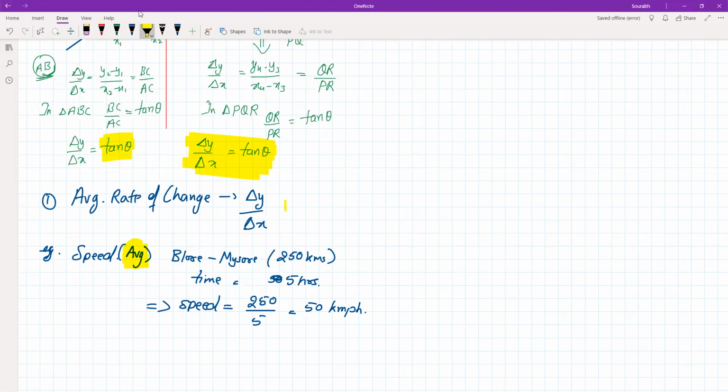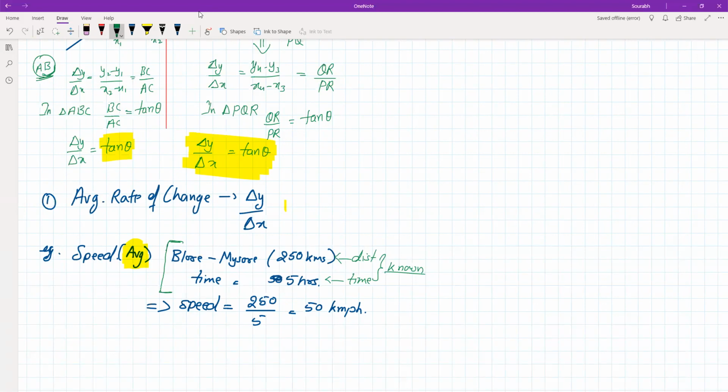And there is a limitation here. The limitation is that you must know the total distance covered and the total time taken. These two things must be known. That means a particular incident or event for which we are calculating the rate of change must have finished.